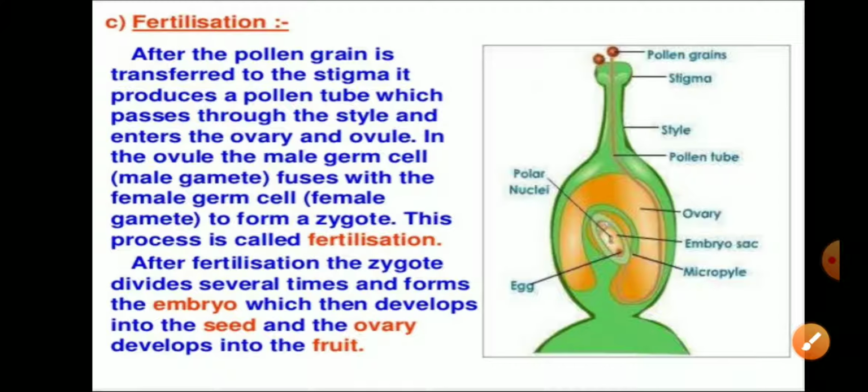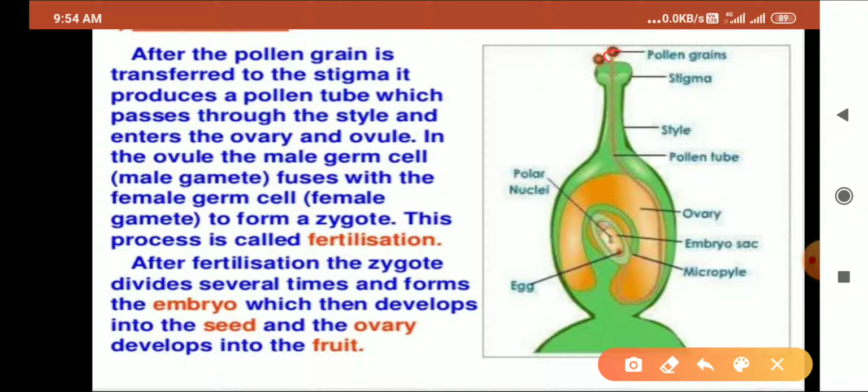Next we have fertilization. After pollination, fertilization takes place. The pollen grains land over the stigma and a pollen tube grows. It germinates after the landing of the pollen grains on the stigma.